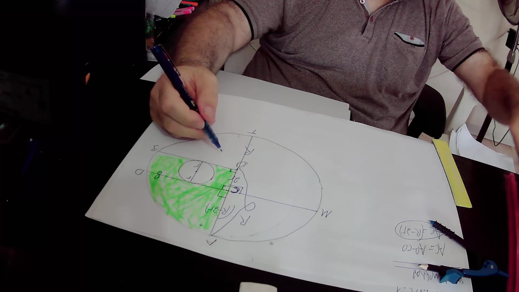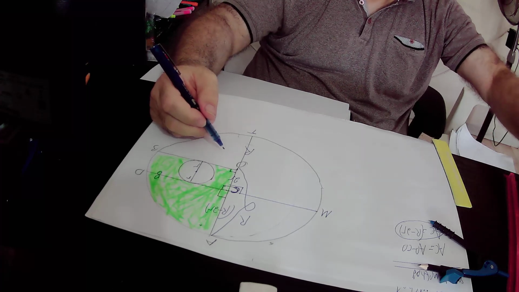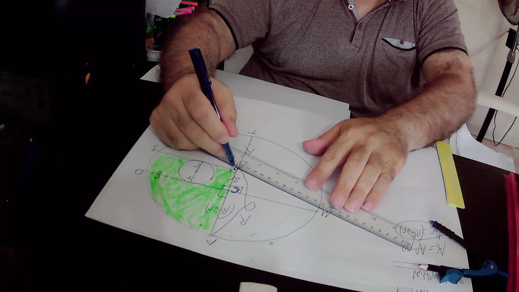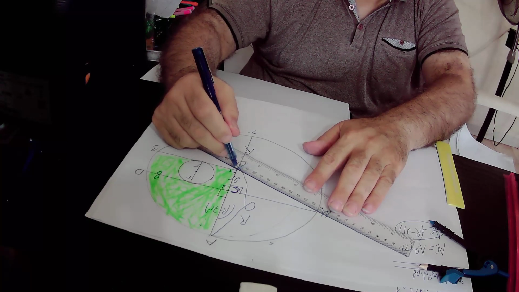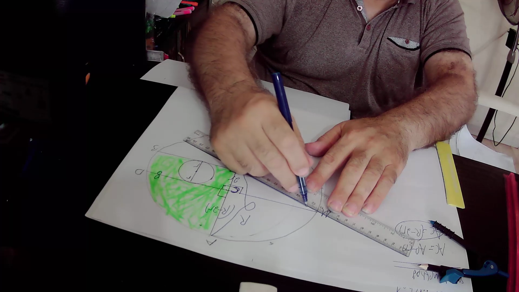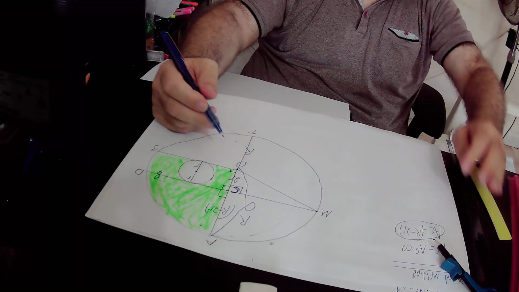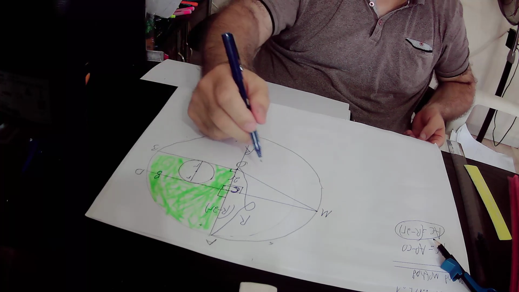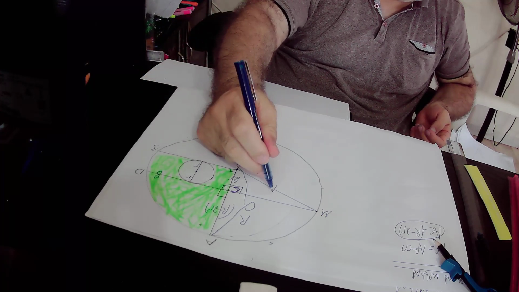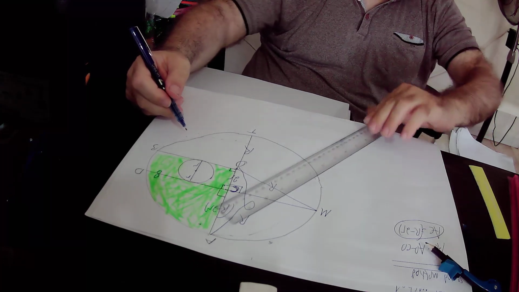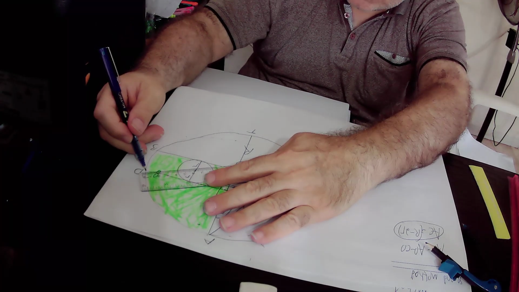In the next step, we'll join points M and O together by a straight line. Point O is the center of the big circle, point M is on the big circle itself, therefore OM is the radius of the big circle, equal to capital R. Likewise, we join points O and D together by a straight line.